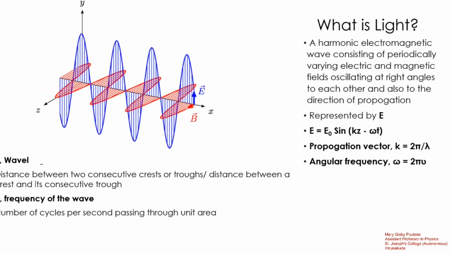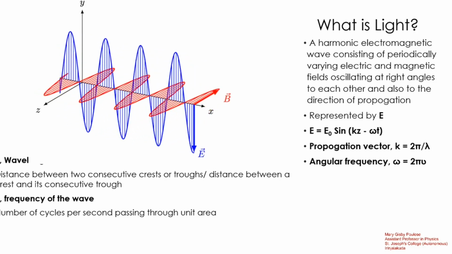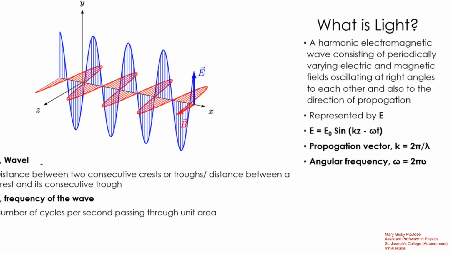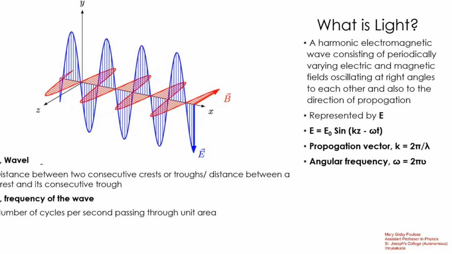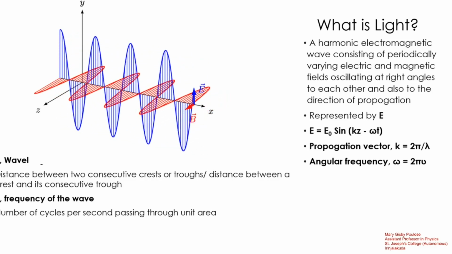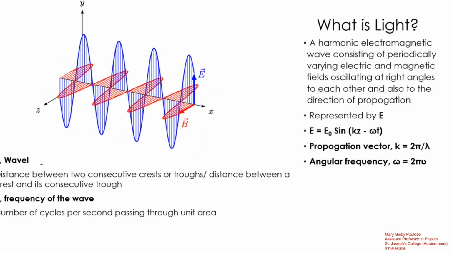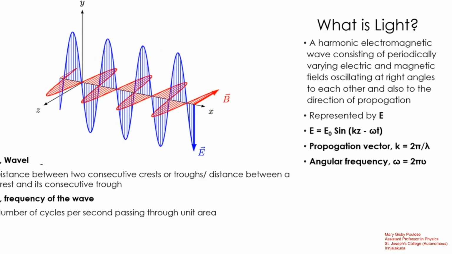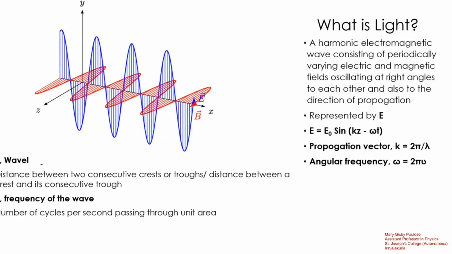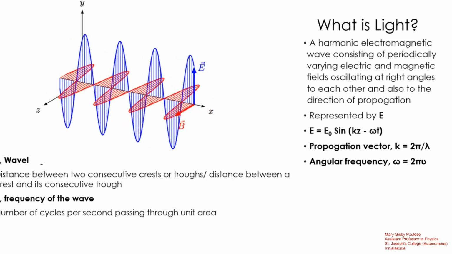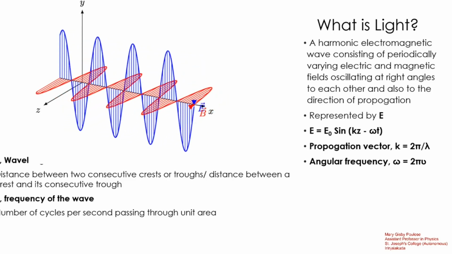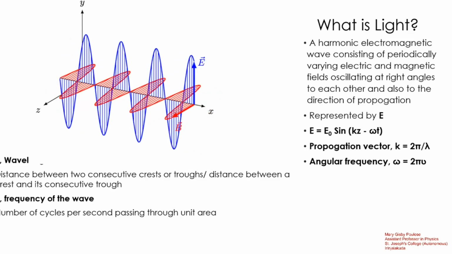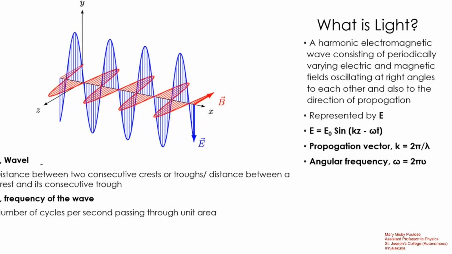So this is the mathematical representation: E is equal to E0 sine of (kz minus omega t), where k is the propagation vector or propagation constant given by 2 pi by lambda, the wavelength, and omega is the angular frequency given by 2 pi nu, where nu is the frequency of the wave.